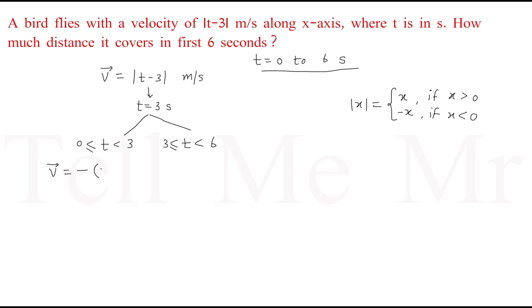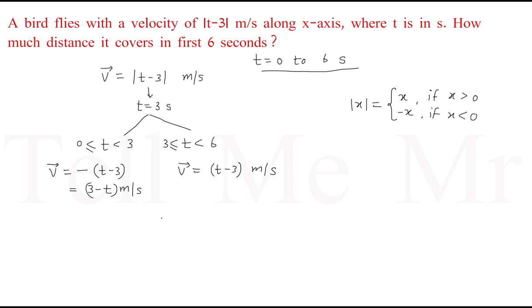So velocity will be minus (t minus 3) meters per second, or you can write it as 3 minus t meter per second. And for t between 3 to 6 seconds, what will be the velocity? When t is more than 3, this t minus 3 value will be positive and the modulus function will be opened with a positive sign. So then velocity will be plus (t minus 3) meter per second.